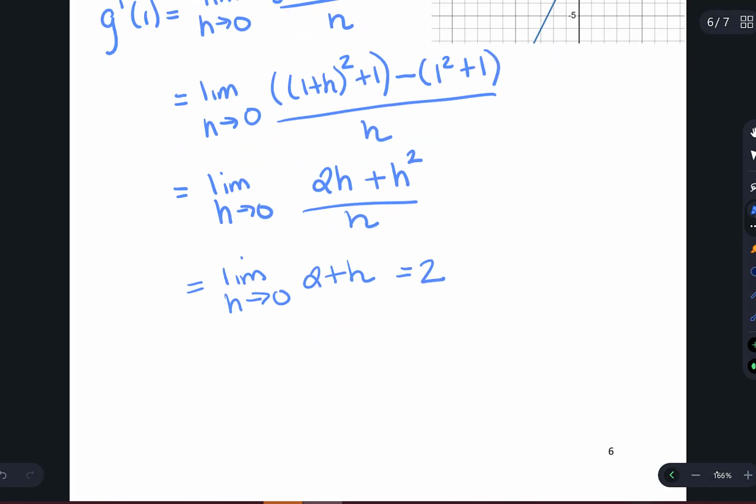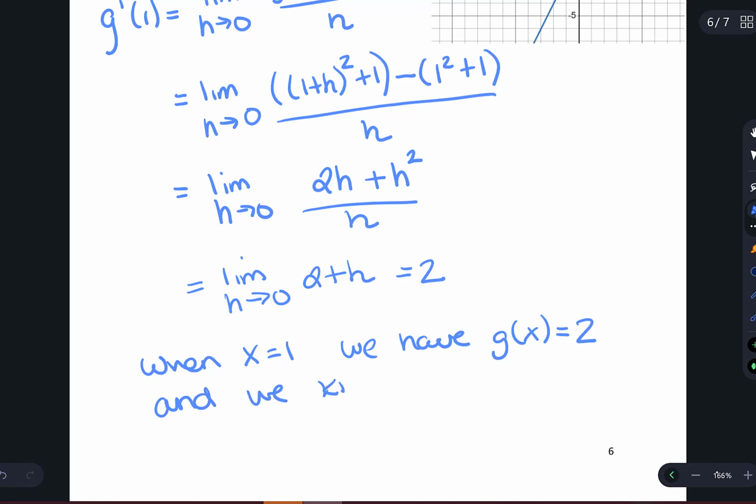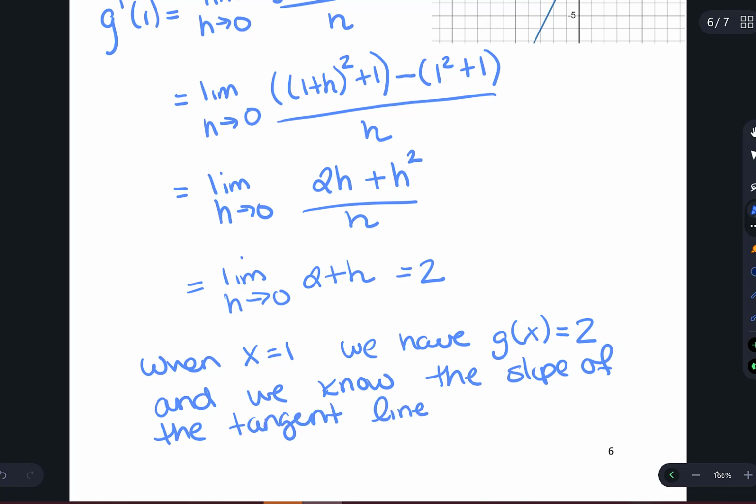And so what we can say now is when x is equal to 1, we have g of x is equal to 2. And we know the slope of the tangent line is 2, because that's coming from here.